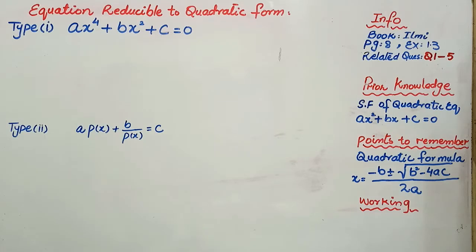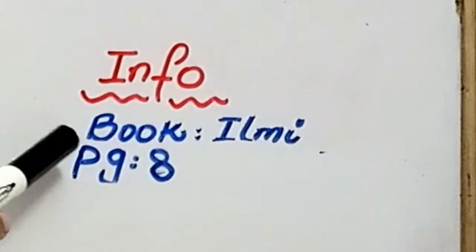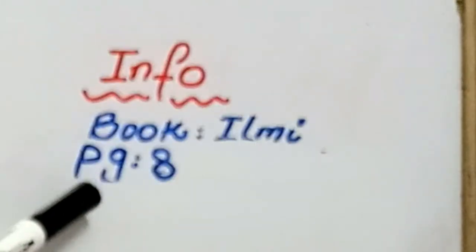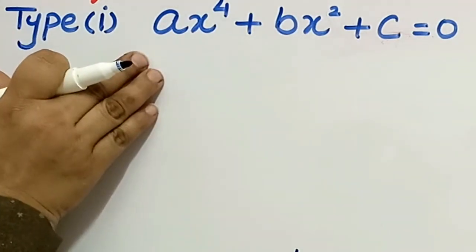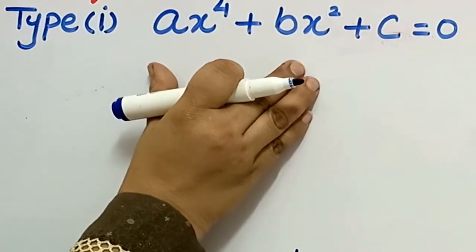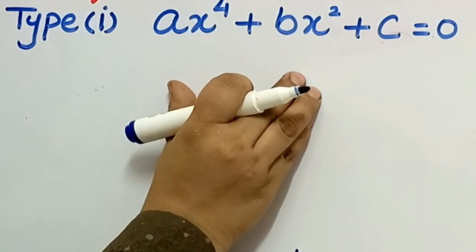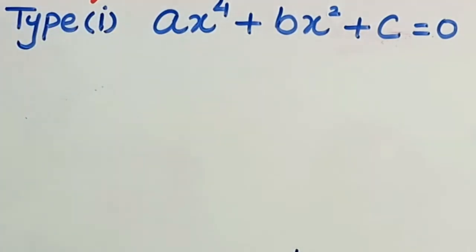In our book there are 5 types of such equations which are reducible to quadratic form. We are using the Ilmi book, page number 8. Now I am discussing type 1, the first type of equation that can be reducible to quadratic form, that is ax raised to power 4 plus bx square plus c.